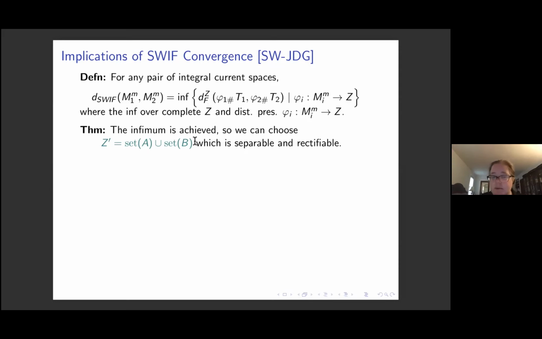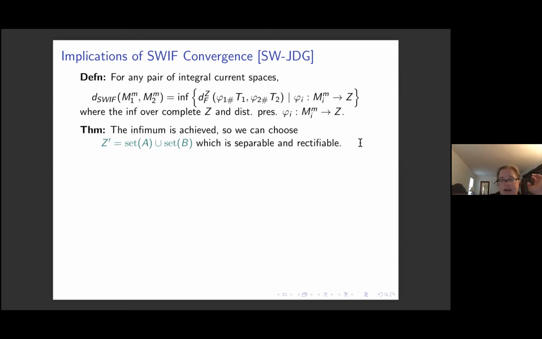This Z' is separable and rectifiable. The original Z was just complete. So this Z' is somehow more useful, and this means that the infimum could have been taken over such Z' that are separable and rectifiable. Okay, so that's a nice fact that this definition could have been made with separable and rectifiable Z's.